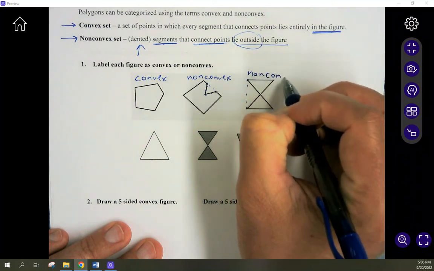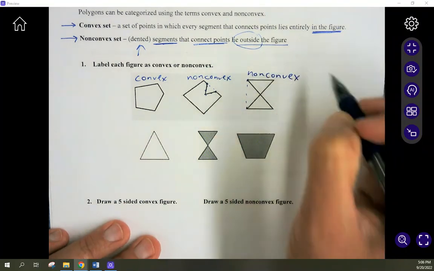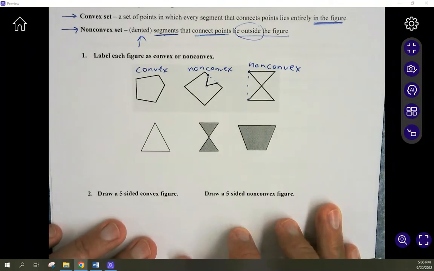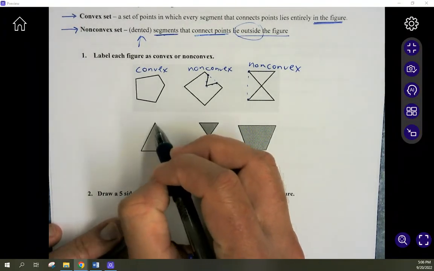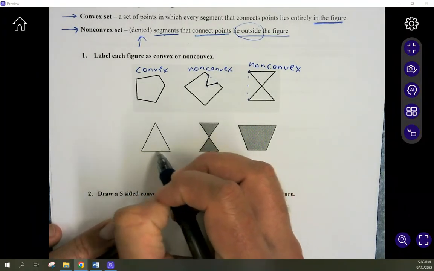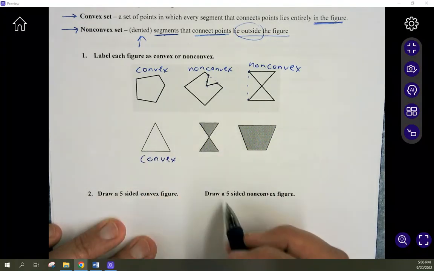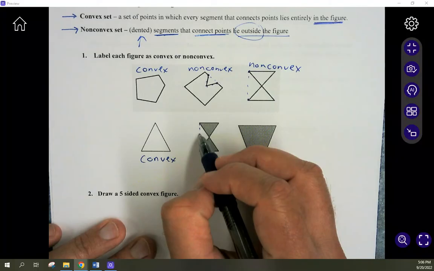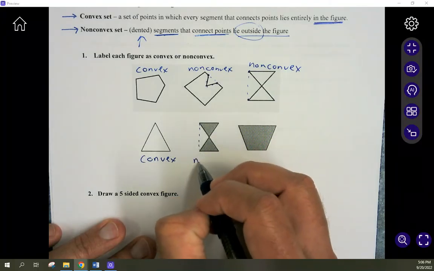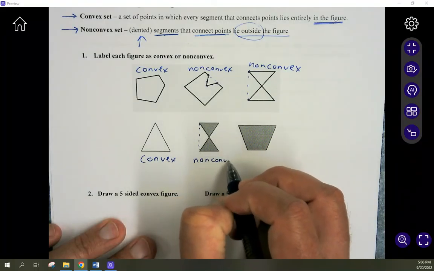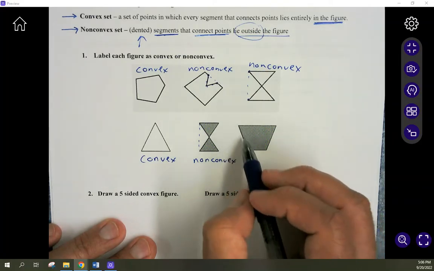That is non-convex. This one, if I connect these points, they all stay inside the shape. That is convex. This one is pretty much a repeat of that shape right there. So non-convex.